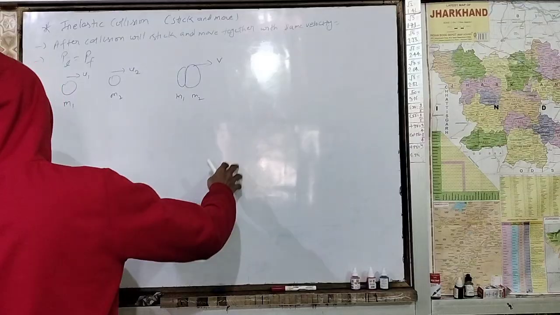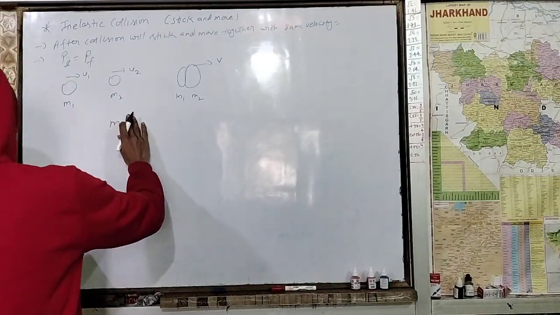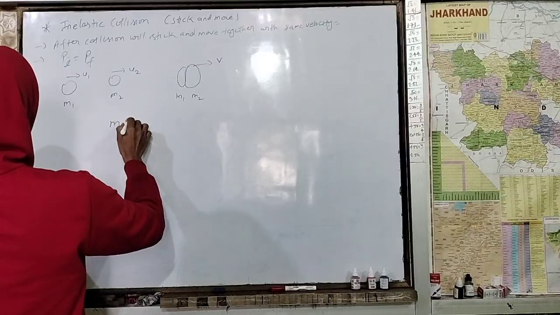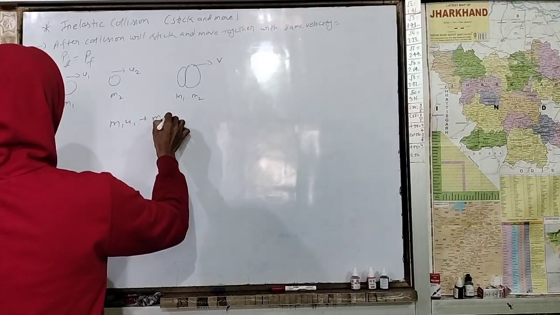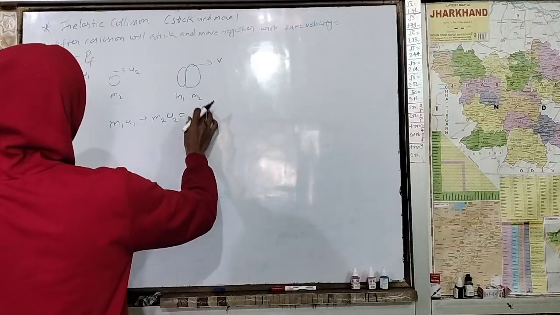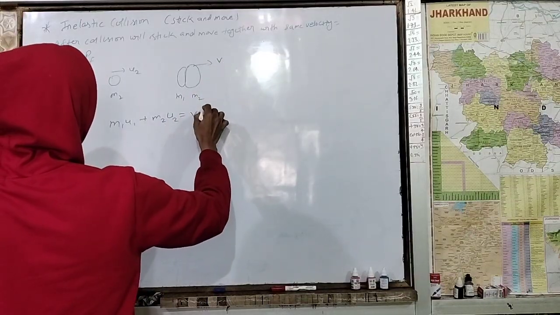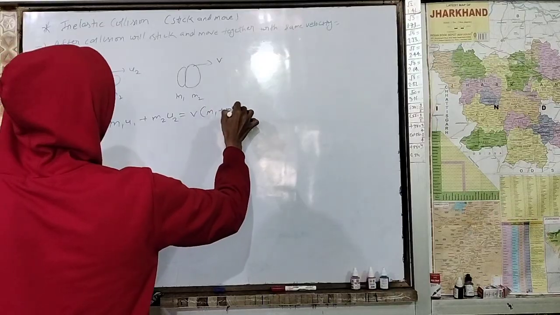Combined deformation. So here you can write m1 u1 plus m2 u2, which is equal to the momentum after collision. The velocity is constant, common for both bodies, times (m1 plus m2).